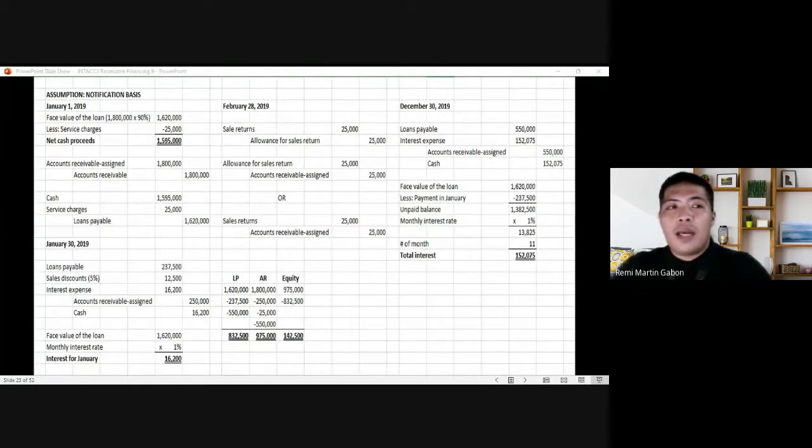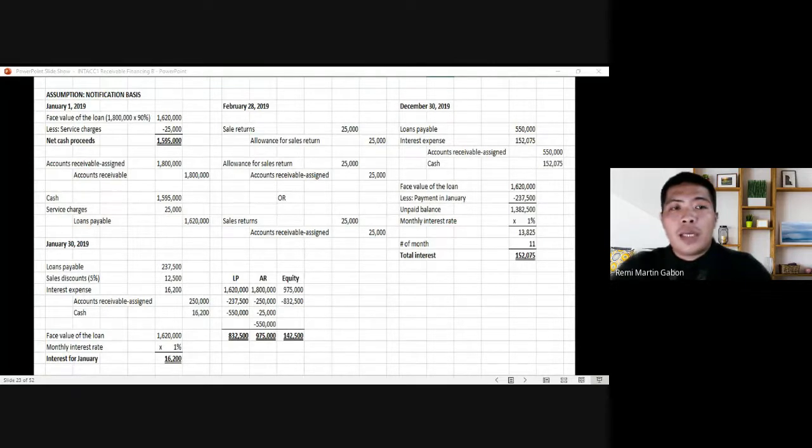So that is what happens. We immediately debit loans payable for 237,500, signifying that because of the notification, the company was able to know that the bank applied the collections as payment of the loan. Since 237,500 was the amount collected in cash, we debit loans payable for 237,500.